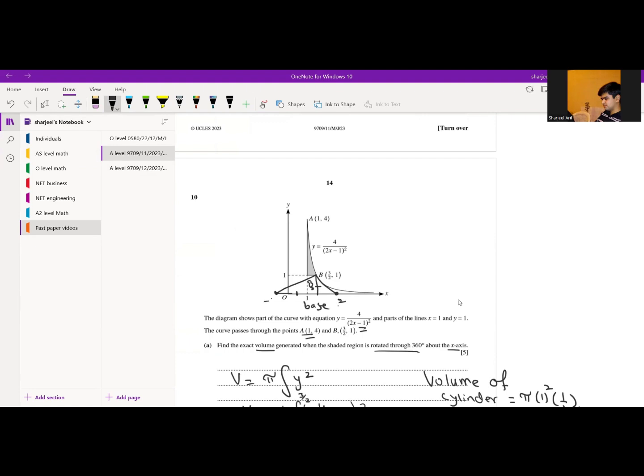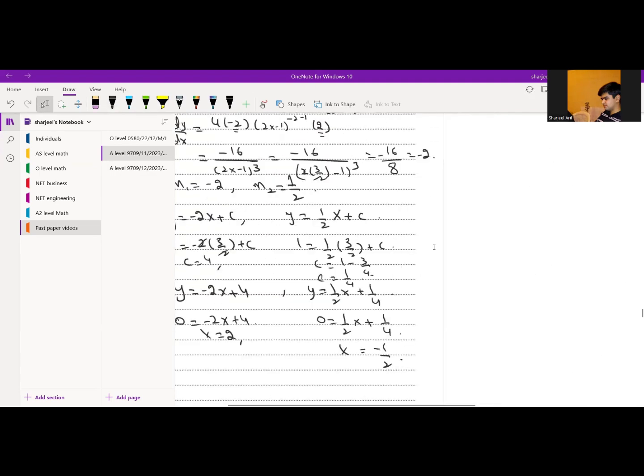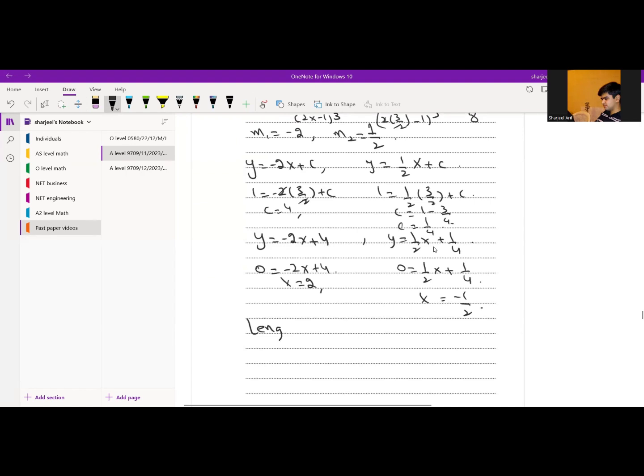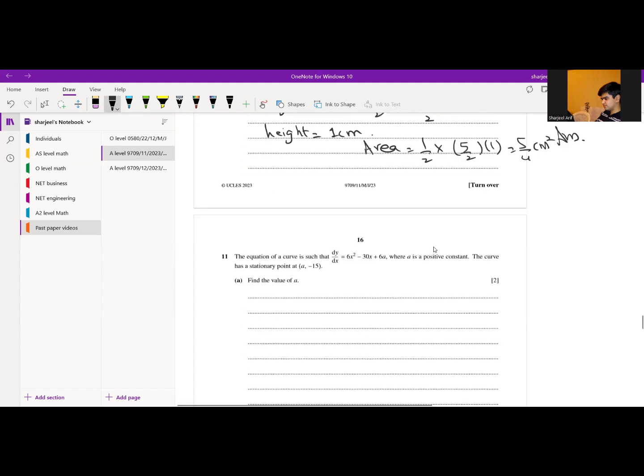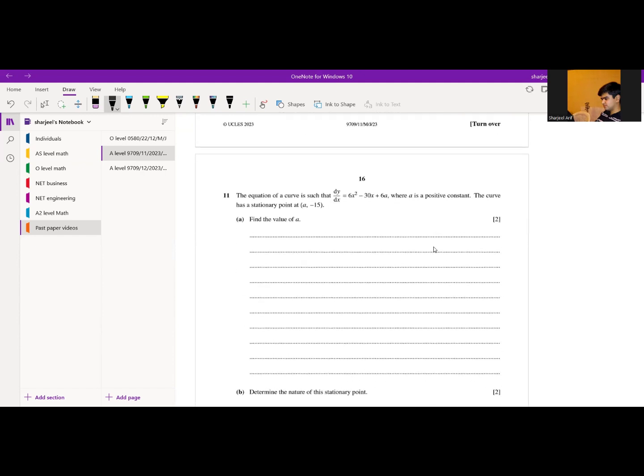So that's 2, that's minus 1 by 2. So the length will be 2 minus 1 by 2, that is 5 by 2, and height is 1 centimeter. So area of triangle will be 1 by 2 into base into height, that would be 5 by 4 centimeter square.